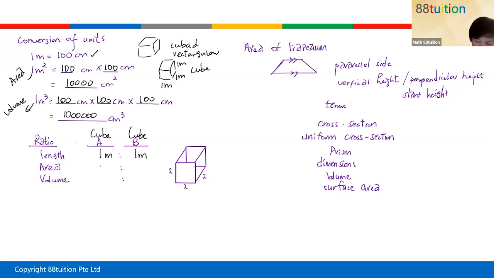If, let's say, it's 2, then the length will be 2 meters by 2 meters. Then how about this area here? This area will be 2 by 2, correct? So this will be 4 meters square.